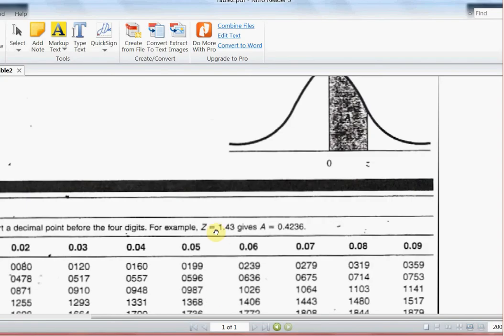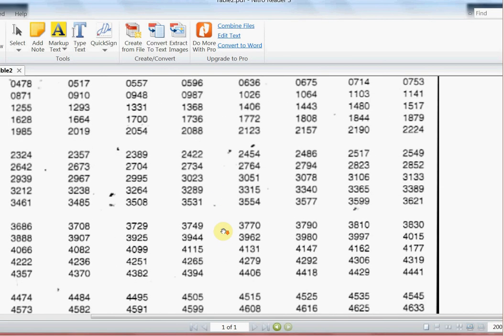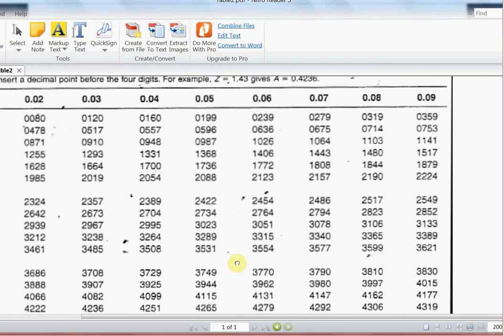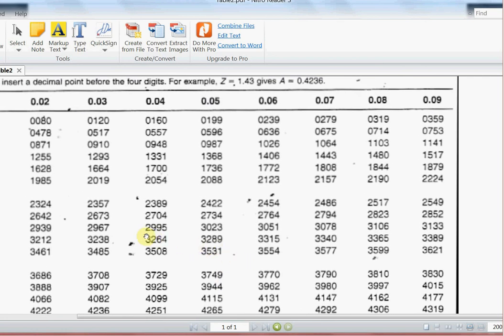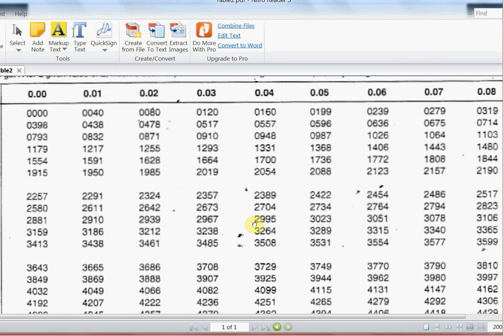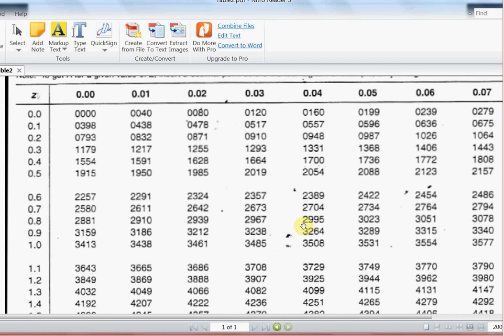Let's do that. Okay. Now let's look for a value closest to 30%. Now you have this question of which one to use. You have the values 29.95 and 30.23. So you can use either one. Let's use this one. If you decide to use this one, the corresponding z-score will be 0.84.